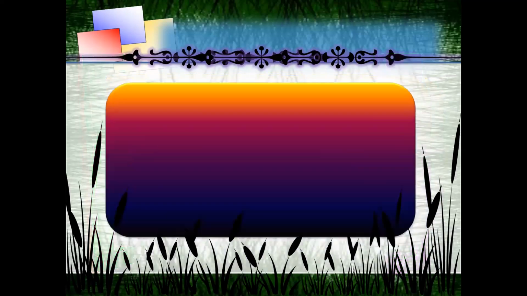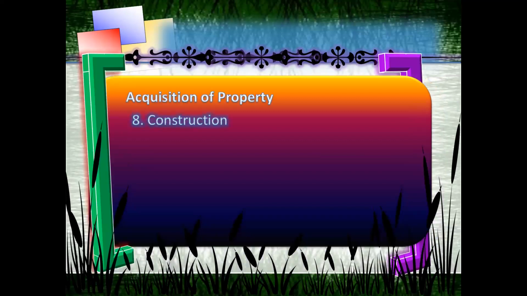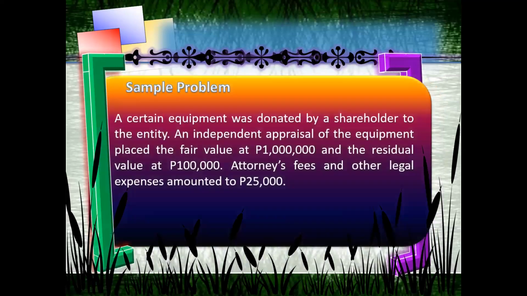Okay, so we have here a sample before we proceed to that. A certain equipment was donated by a shareholder to the entity. An independent appraisal of the equipment placed the fair value at 1 million and the residual value at 100,000.